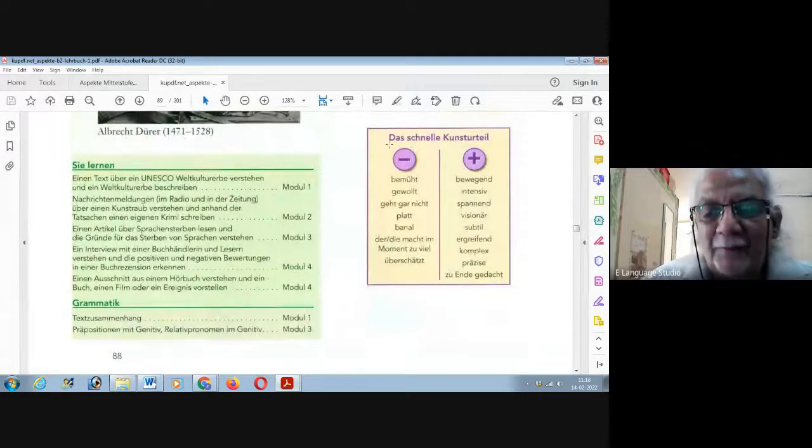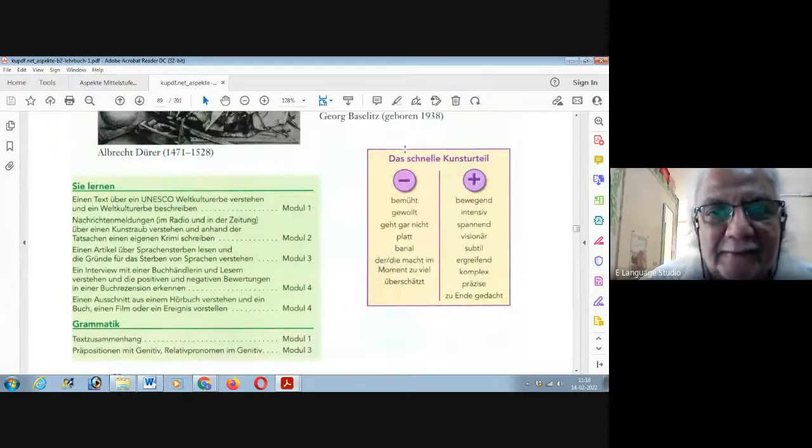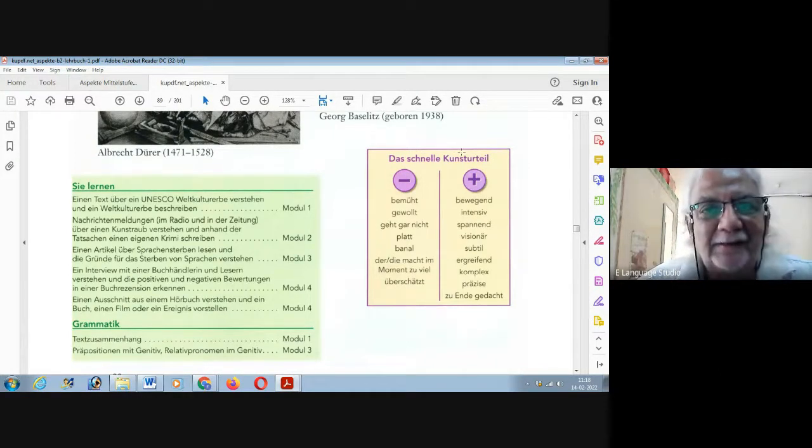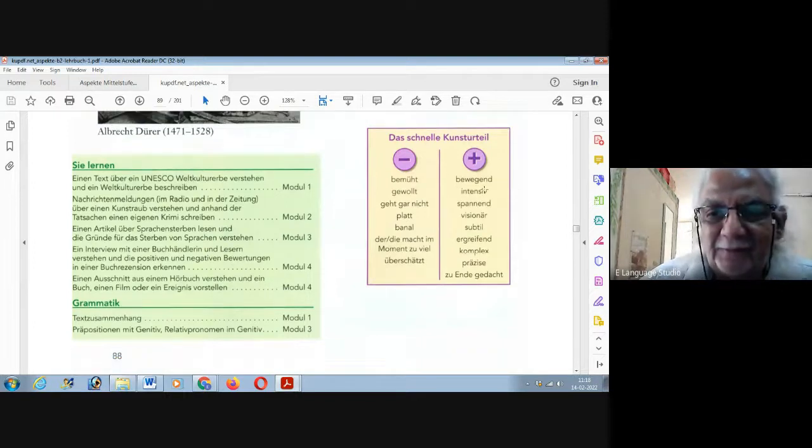Yeah, so when you are judging a picture, das schnelle Kunsturteil, a quick art judgment. For negative judgments, normally these words are used: platt, geht gar nicht, das ist ganz banal. Zu viel, das ist so überschätzt, overestimated.